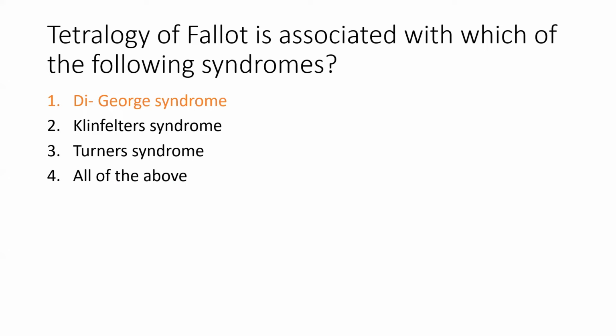T is thymic hypoplasia or aplasia. C is cleft palate. H is hypoparathyroidism, and 22 is deletion on chromosome number 22. So DiGeorge is associated with CATCH-22. C in CATCH-22 is congenital heart disease, conotruncal anomalies like Tetralogy of Fallot.